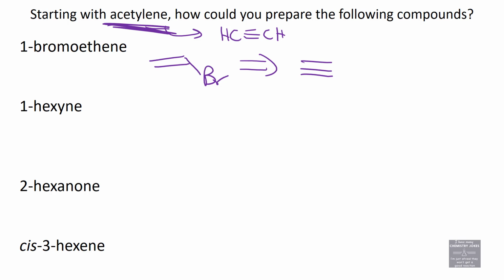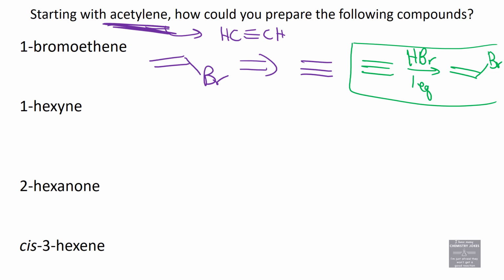So if we were to present some forward synthesis details of how this works, we're going to take our acetylene and we're going to add, I need an H and I need a Br. But I really need to specify I'm adding one equivalent of HBr because I have an alkyne, I've got 2 pi bonds, one equivalent is mandatory. This is good. It's done.